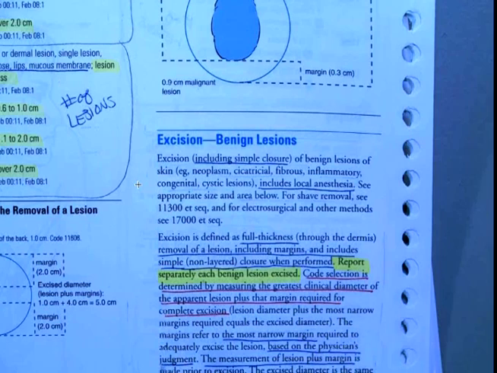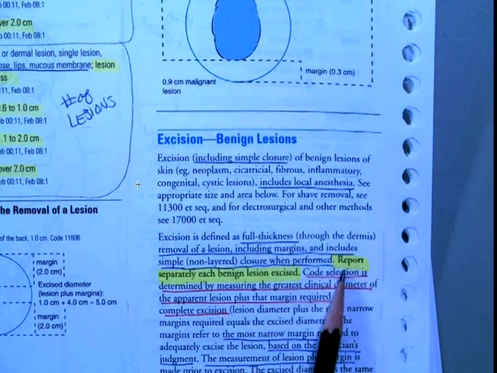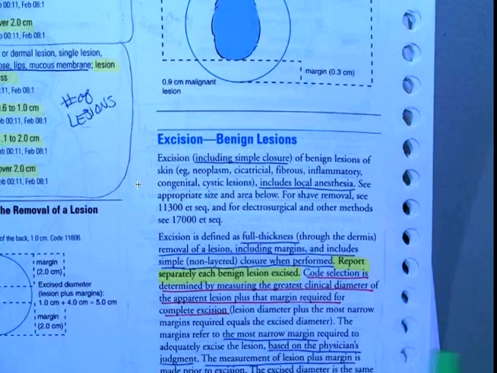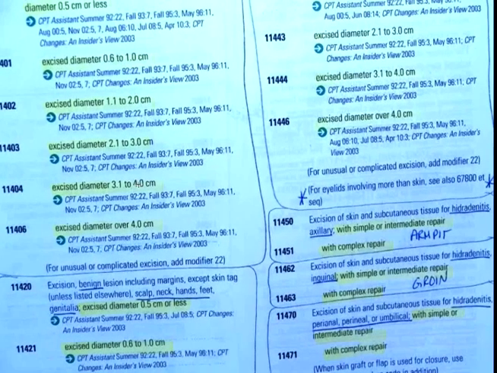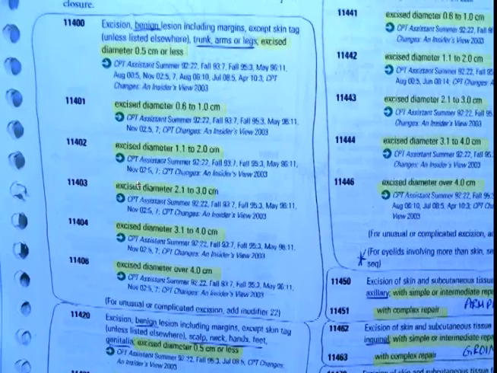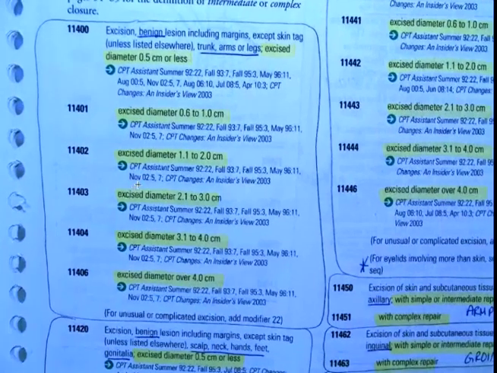Here I wanted to show you what I highlighted. It says report separately each benign lesion excised. So there's our key. It says each. And the question was about the bubble. A lot of the technique I teach students is to bubble and highlight your groups of codes.